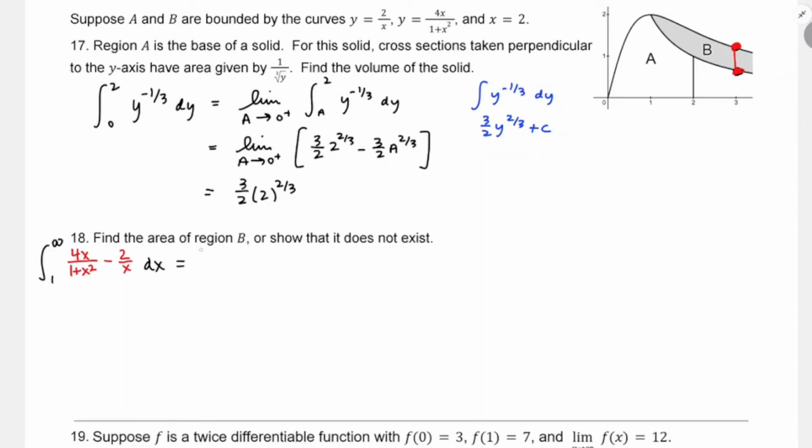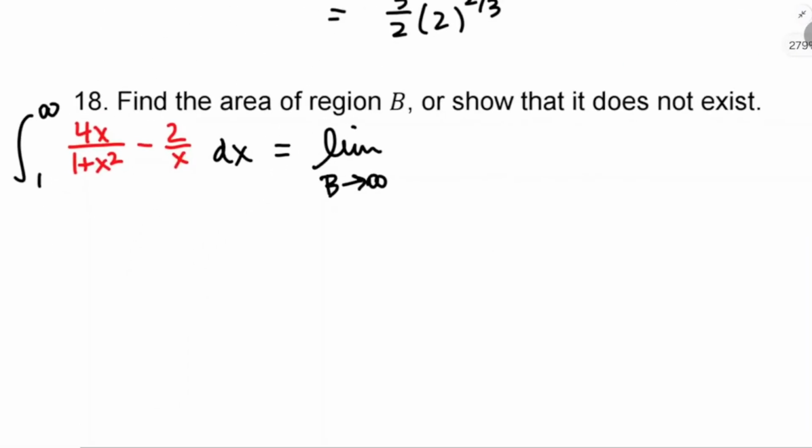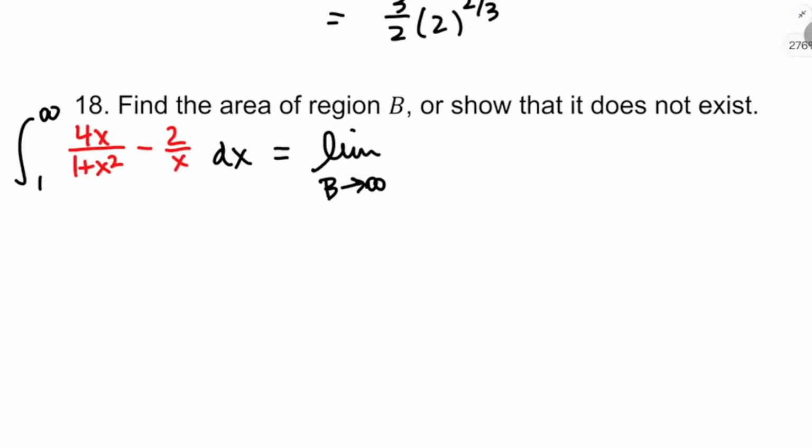Okay, so this is an improper integral, so I'm going to turn it into a limit. Okay, I'll just ignore the fact that I called it region B. They probably wouldn't do that to you. Okay, so 4x over 1 plus x squared minus 2 over x.